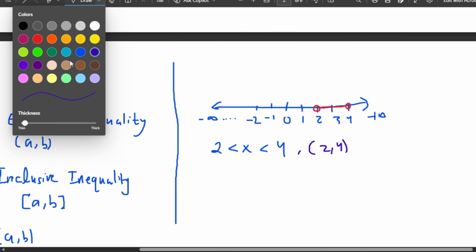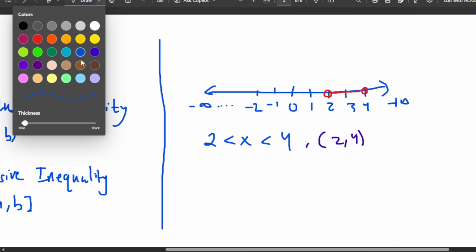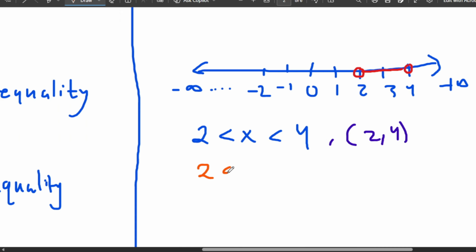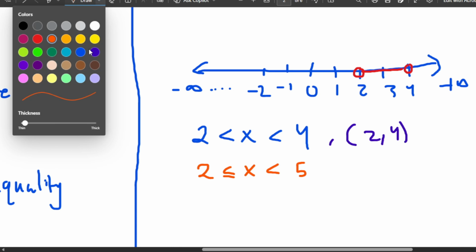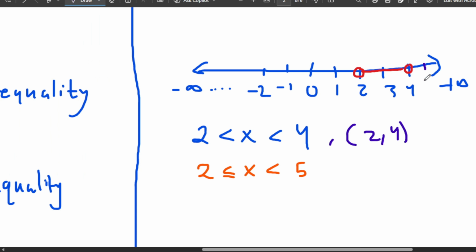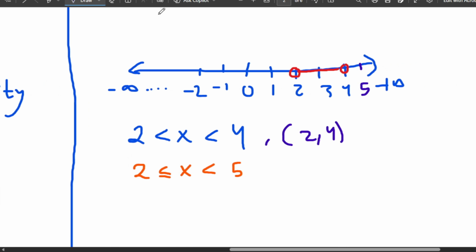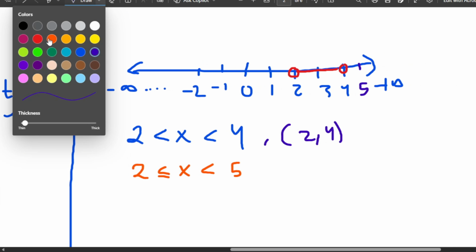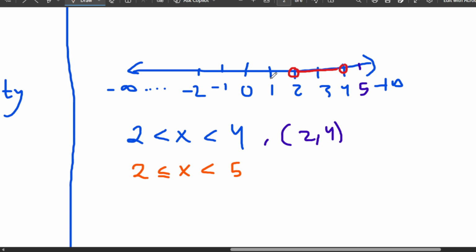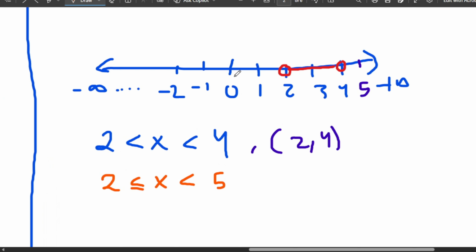Okay, how about if we have 2 less than or equal to x is less than 5. So we have 5 here. If there is an equal sign, we put a closed circle.